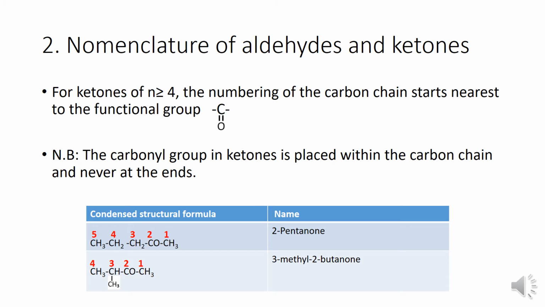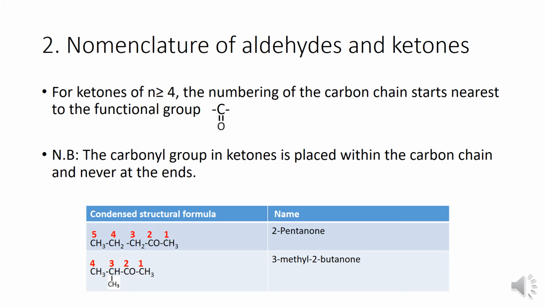Now, if we have N equal 5, and instead of the main chain consisting of 5 carbon atoms, we have a main chain of 4 carbon atoms, and we have a branch on the third carbon atom.